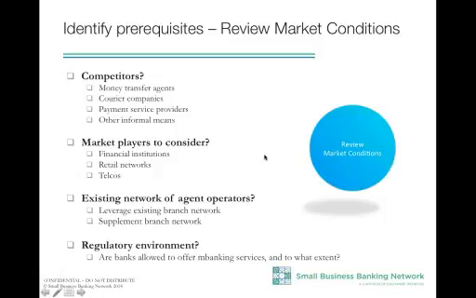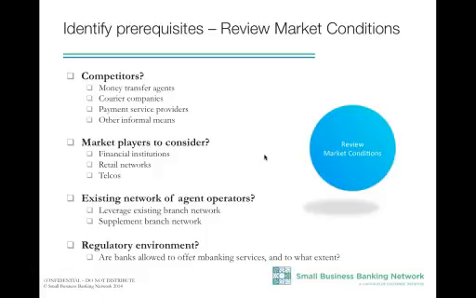Okay, let's look at the prerequisites. I'll go into detail so that you get an idea of whatever type of implementation you do. You need to look at the market condition. Who are your competitors? Usually it's your money transfer agents and courier companies. There are other informal means. I have seen bus companies carrying cash.